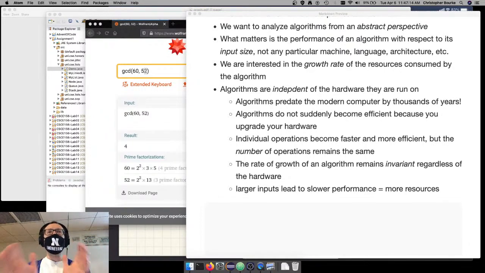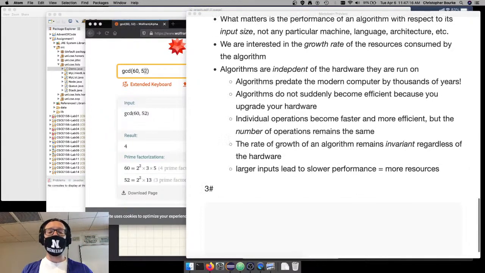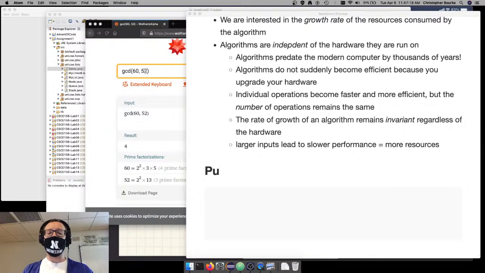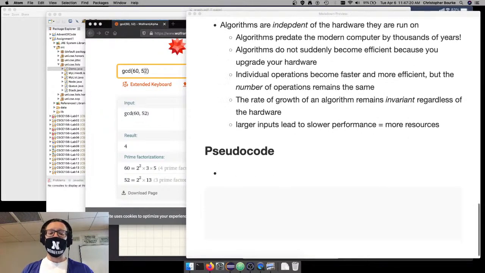To do the first part, to actually describe an algorithm, we use what's called pseudocode. So what is pseudocode? Well, code is code, but what does pseudo mean? Fake, false. Pseudocode is false code.